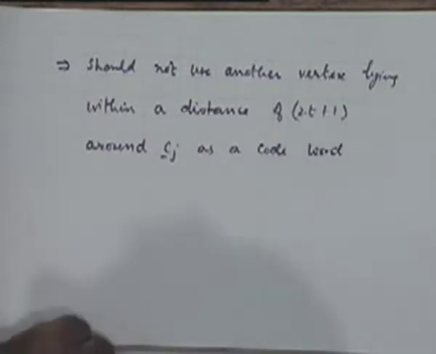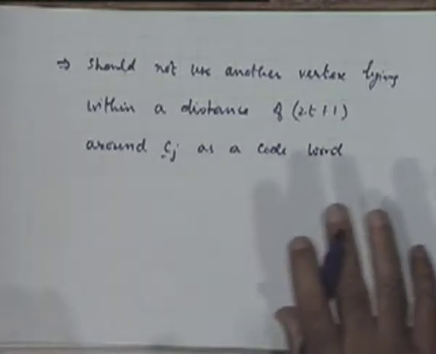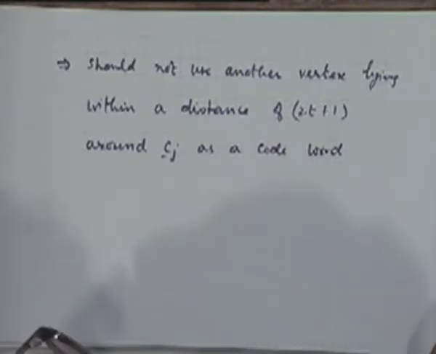Fine. Because we want these two radius-t Hamming spheres to be non-overlapping with respect to each other.